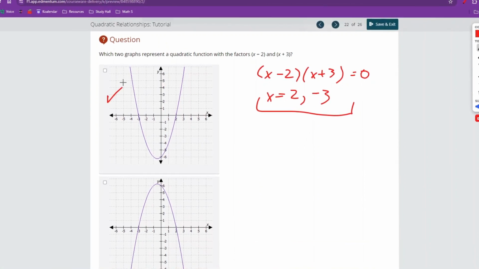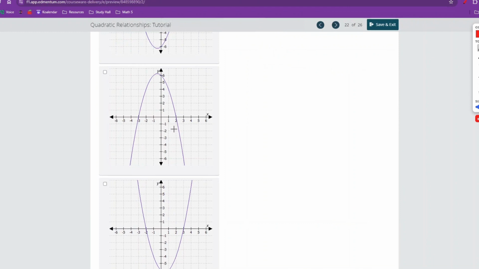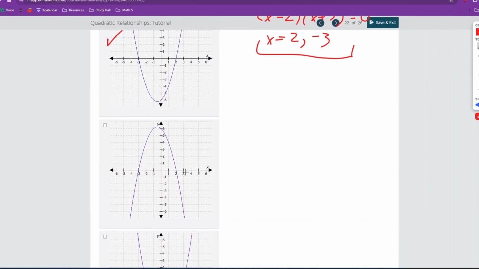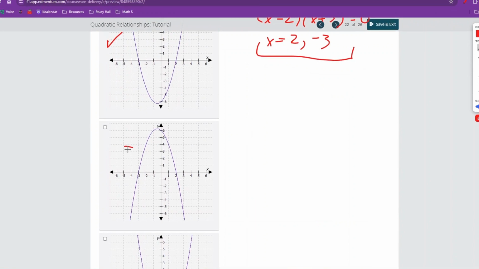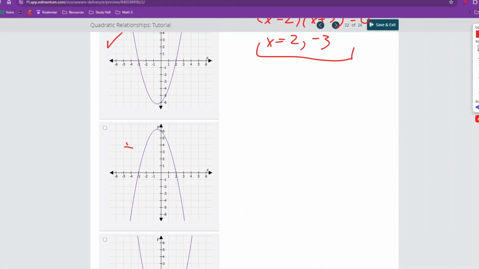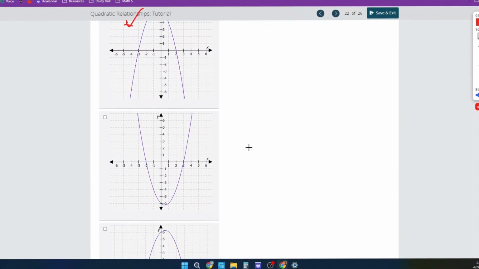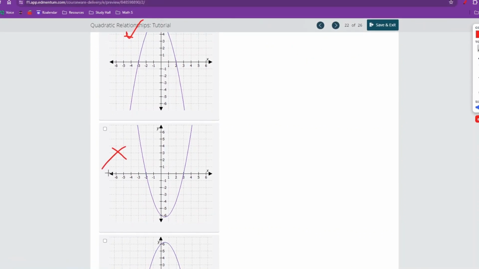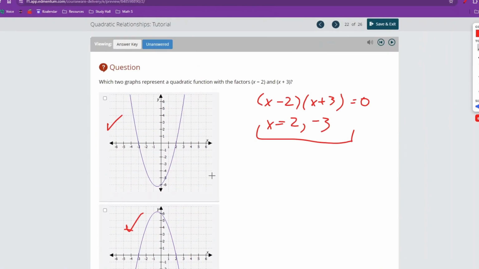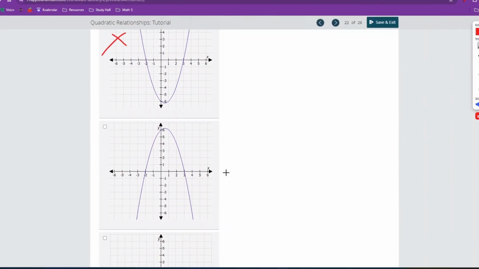2, negative 3, so A is a possibility. That is 2 and negative 3, also a possibility. This is negative 2, 3, so not a possibility. We're working with positive 2, negative 3.